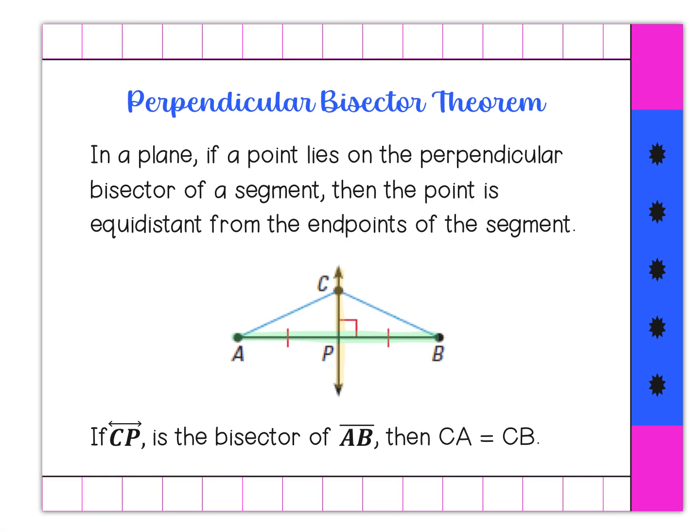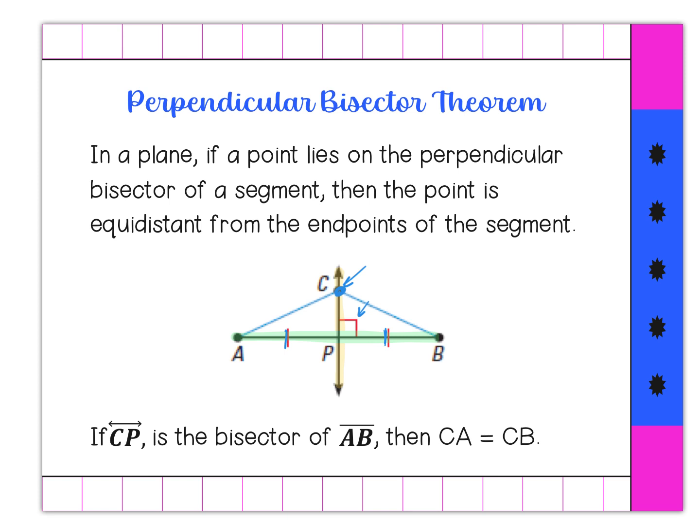So if point C, for example, is on the perpendicular bisector, and we know that it is, how do we know it's the perpendicular bisector? Well, it's perpendicular, and it cut AB into two congruent segments. So yes, this is definitely the perpendicular bisector.